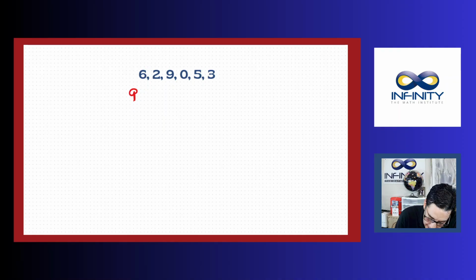9, and then it's always good to cross it out because that way you stay organized. 6, 5, the greatest digit left is 3. Now the greatest digit left is 2, and the last one is 0.